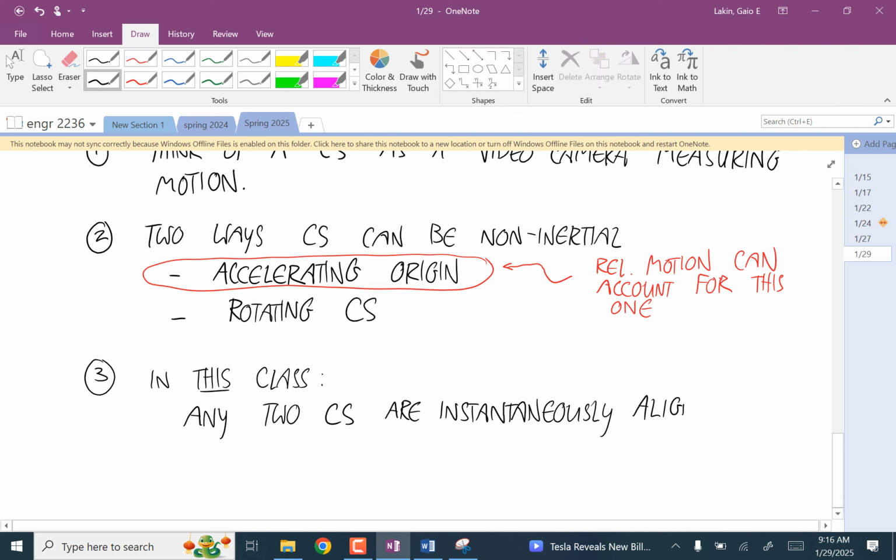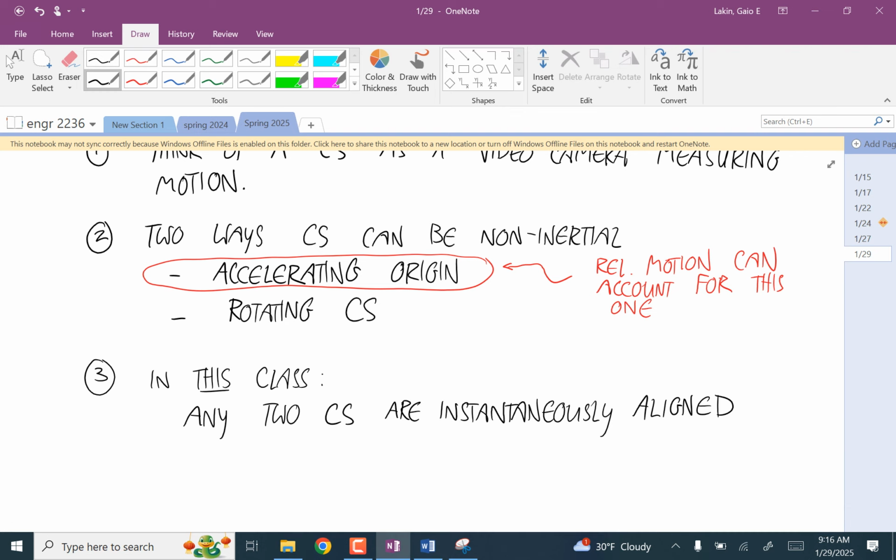So when I go through relative motion, we're going to imagine a coordinate system like this and a coordinate system like this, and they can be moving differently, but their orientations are the same. Okay? You know what I mean?